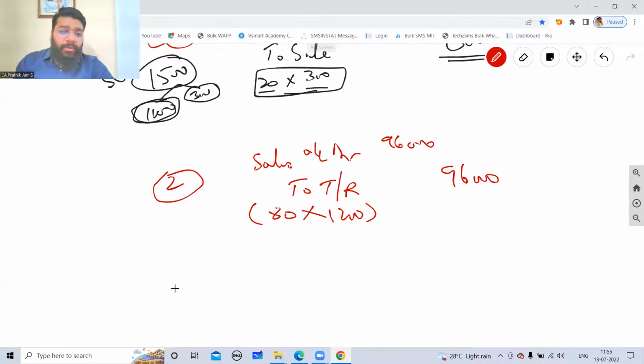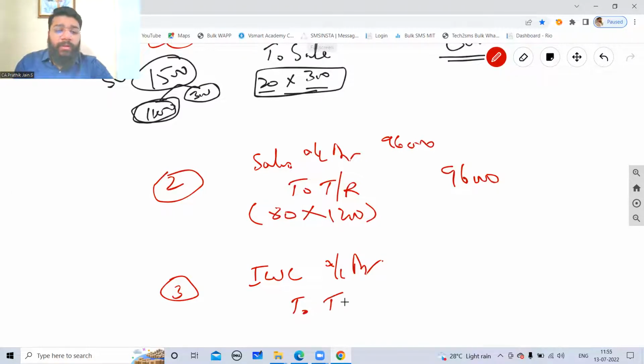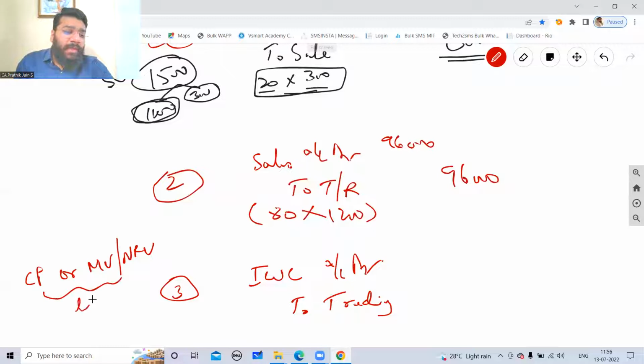Then what will you do? For this, I need to record inventory with customer account debit to trading account. This will be at cost price or market value or NRV, whichever is less. Market value is 96,000, guys. What is my cost price?